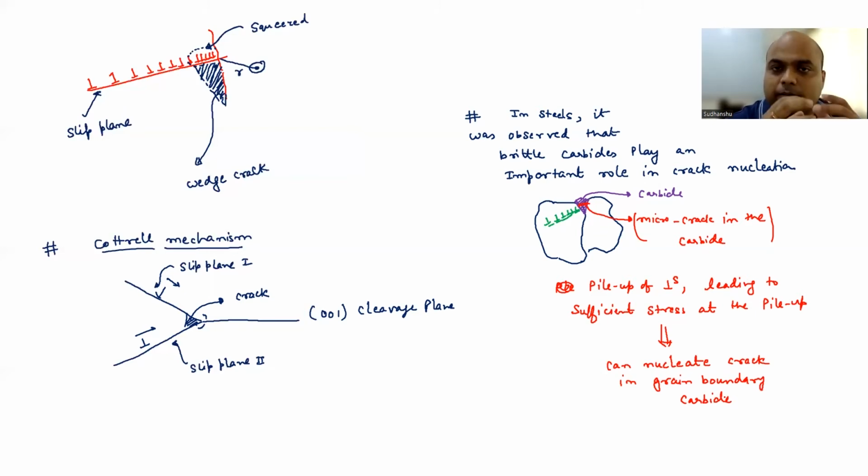So several dislocation theories have been proposed. I have discussed them here. So this is say number one, number two, and number three. So we have generated a new crack, this cleavage crack. Now this cleavage crack has to grow and finally lead to the fracture.